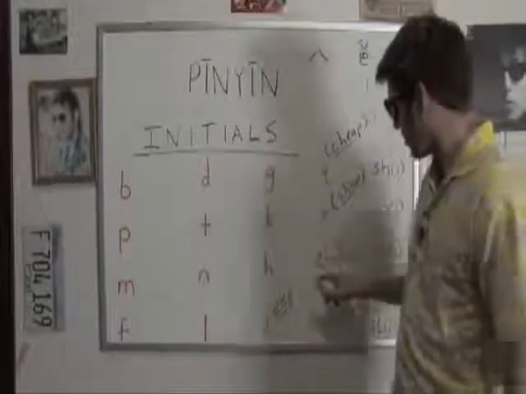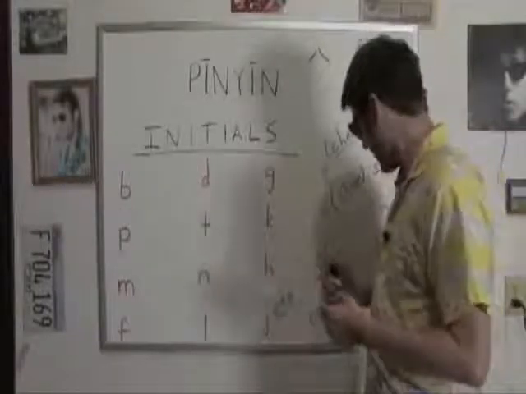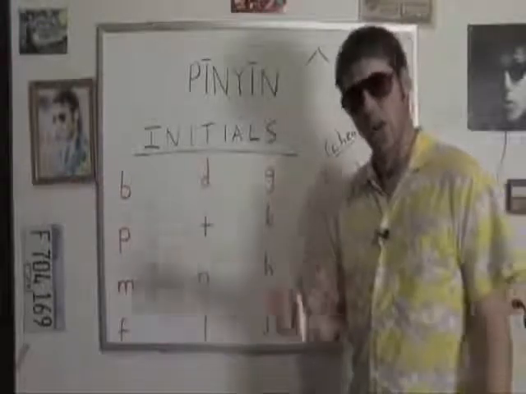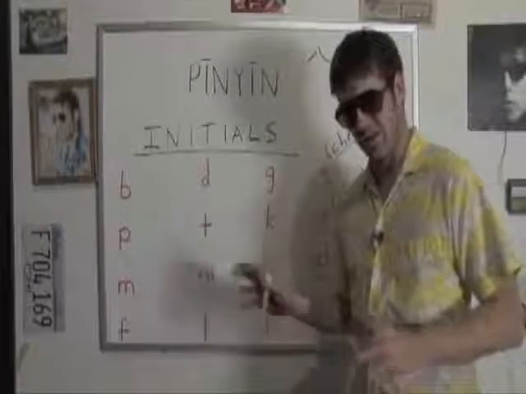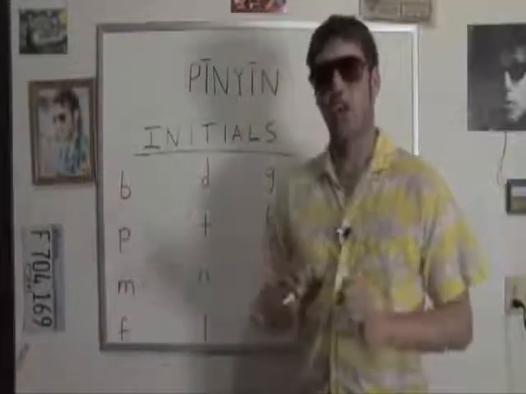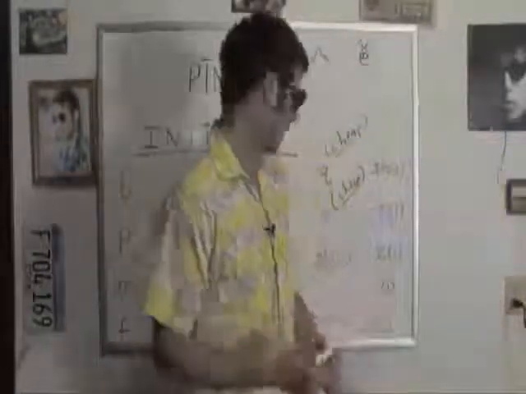And this next one, the I is listed here because ZHI would be a word, but ZH is actually the initial, because it can be combined with other letters besides I. But for here, it's pronounced jur, like the word germ or Germany.